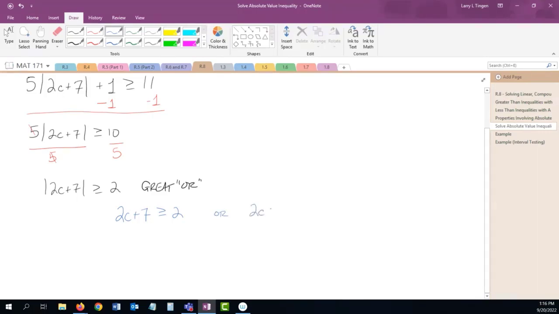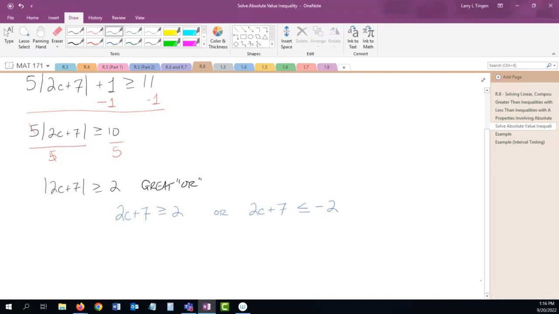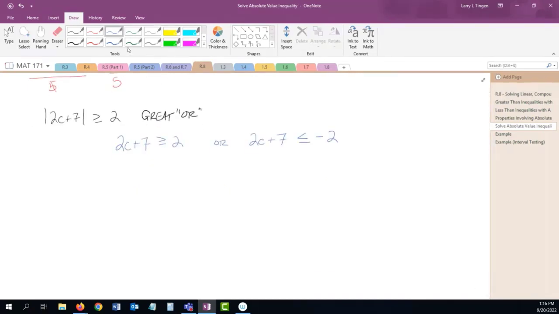Or it's the exact opposite: what's inside the absolute value stays exactly the same, the inequality changes direction, and the sign of the other side changes. Solve both of these individually. Subtracting 7, I'm looking at 2c is greater than or equal to -5. Then get c by itself, divide by 2, divide by 2. C is greater than or equal to -5/2.